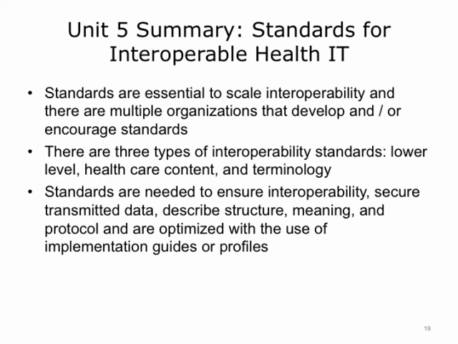The summary of this unit is that standards are essential to scale interoperability, and there are multiple organizations that develop and/or encourage standards. There are three types of interoperability standards: lower level, healthcare content, and terminology. Standards are needed to ensure interoperability, secure transmitted data, and describe structure, meaning, and protocol, and are optimized with the use of implementation guides or profiles.